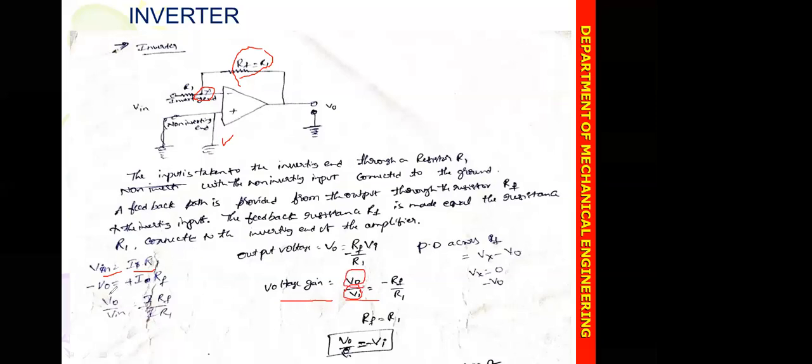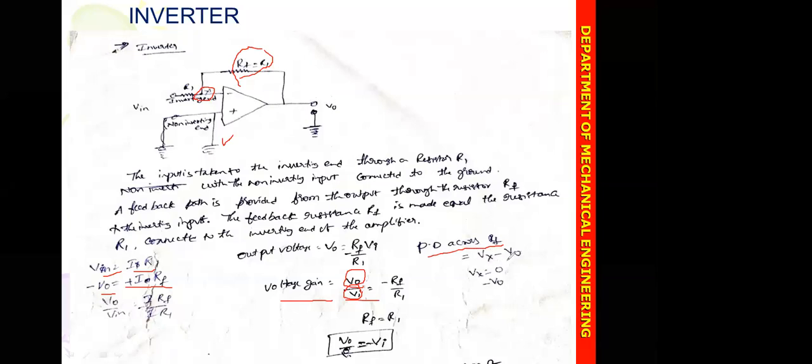The current passing through the resistor RF is also the same, but here it is minus, as it is arranged as feedback. The potential difference across the resistor RF is Vx minus V0.